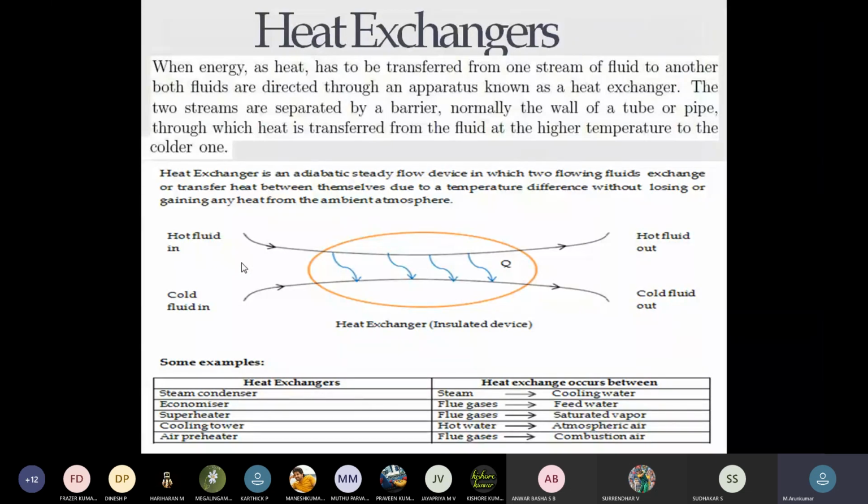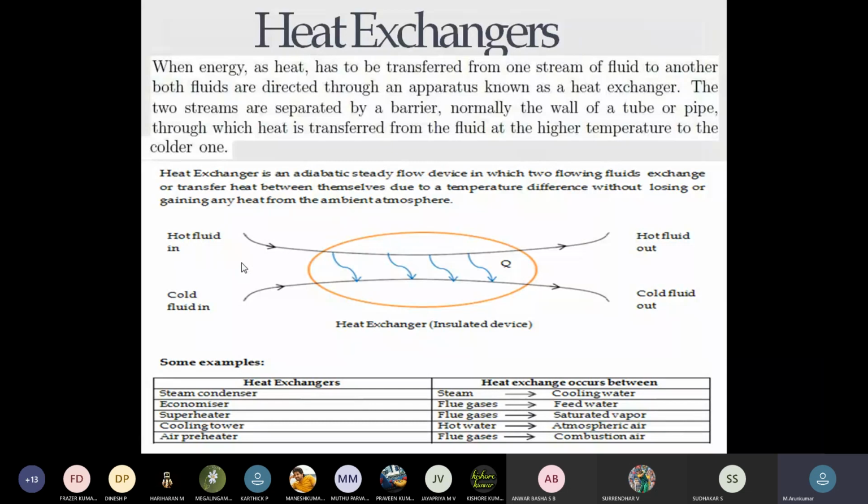So actually we can pass fluids with two different temperatures. One will have high temperature, and the other will have low temperature. If you pass these fluids through two different chambers attached through the walls or tubes of the heat flowing channels, there may be a chance to exchange the heat, right? So that is the principle here.